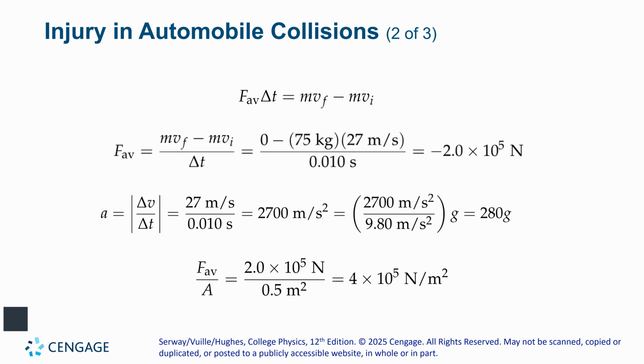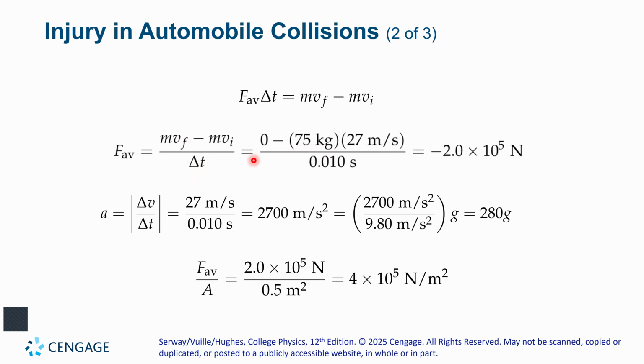We're going to consider a typical collision that involves a 75 kilogram passenger, and the car is going from 27 meters per second to a full stop. So the final velocity is 0. We write down our impulse-momentum theorem and say that the impulse that this person received equals the change of their momentum, and then solve for the average force acting on that person.